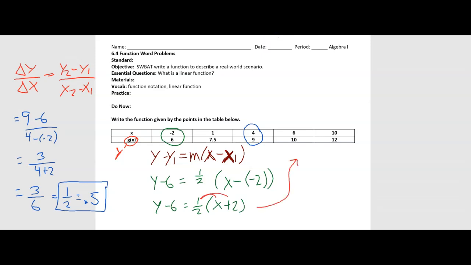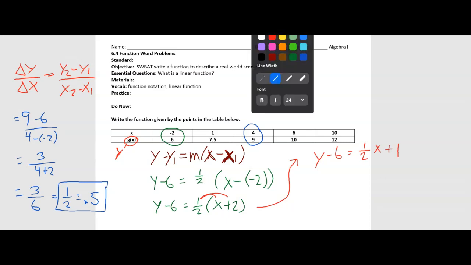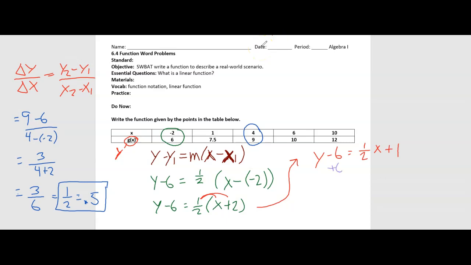I get y minus 6 is equal to 1/2 x plus 1. 2 times 1/2 is 1. I'm going to add 6 to both sides, and I get y is equal to 1/2 x plus 7.